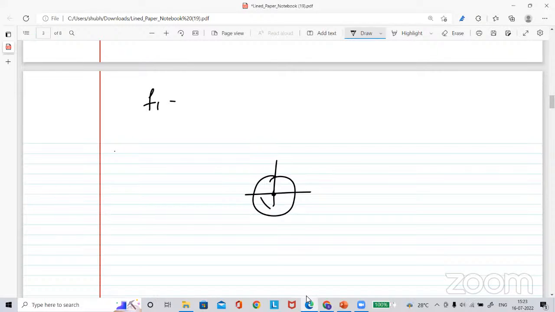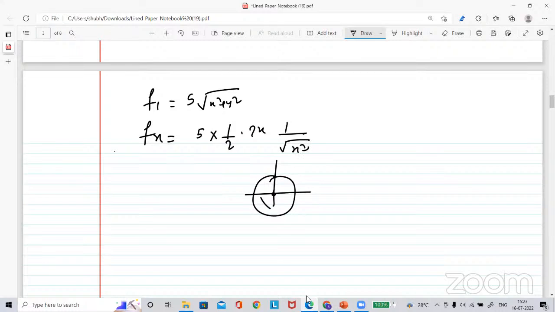So suppose you have the function 5 root over x square plus y square. So what is the partial derivative with respect to x? It is 5 into 1 by 2 into 2x upon root over x square plus y square.